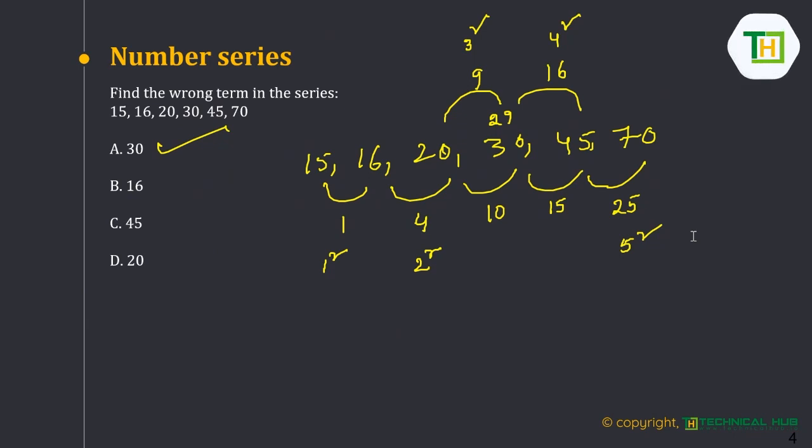Yes, 2 power n minus 1 is also a logic, and 2 power n logic. So what is 2 power n? Suppose 2 power n means 2 power 4, that is 16, minus 1, 15.